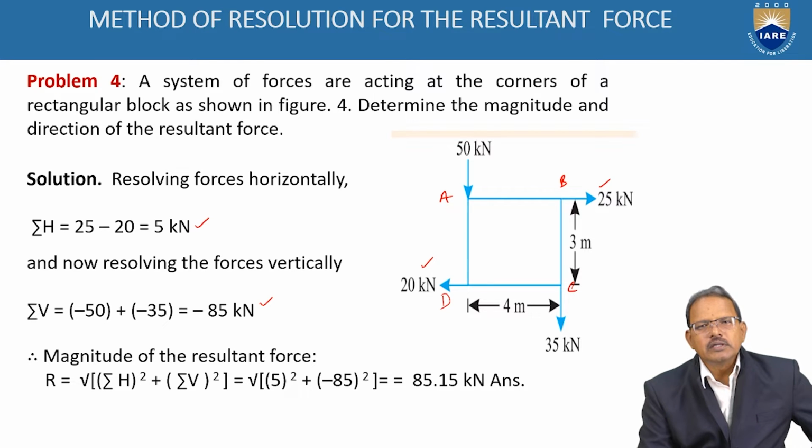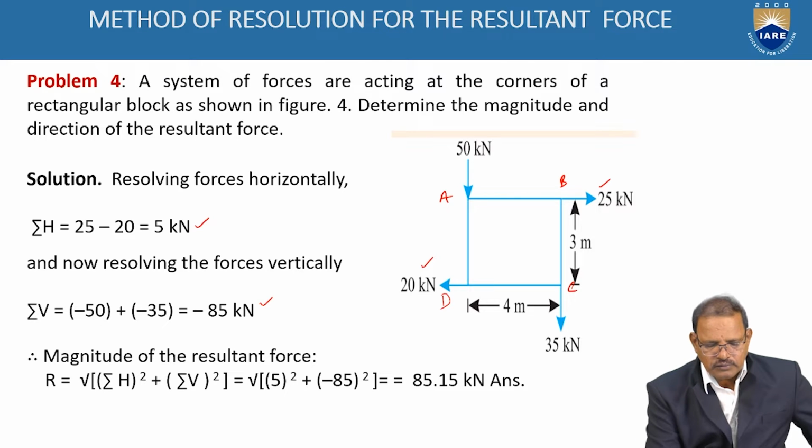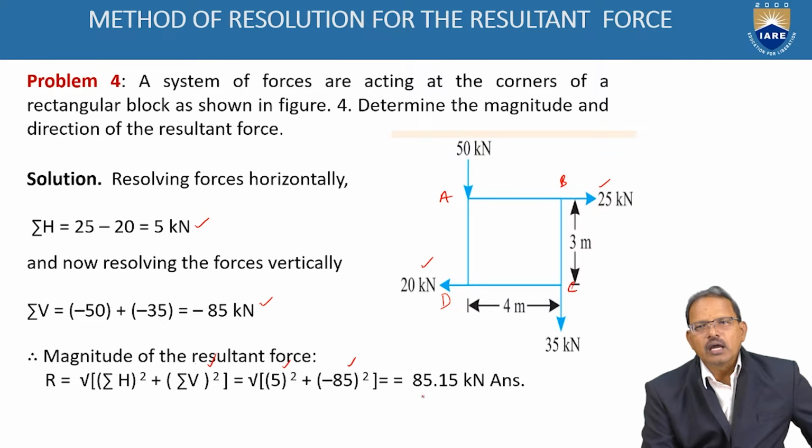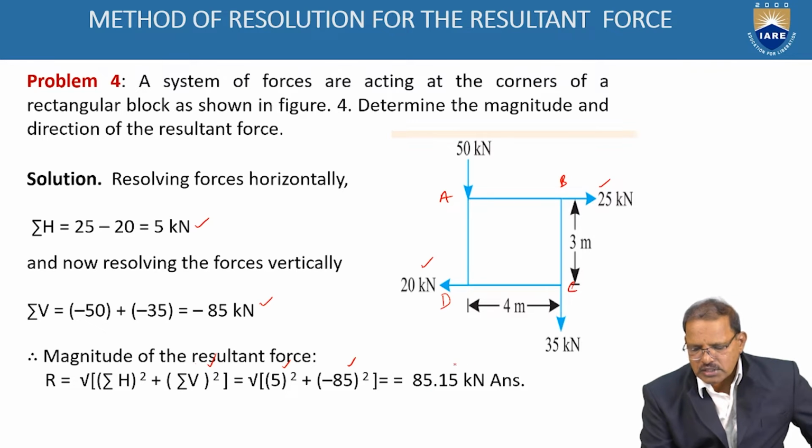So the magnitude of the resultant force is R equal to the square root of sigma H squared plus sigma V squared, which is the square root of 5 squared plus (minus 85) squared. On doing the calculations, we get the resultant force equal to 85.15 kilonewtons. This is the answer.